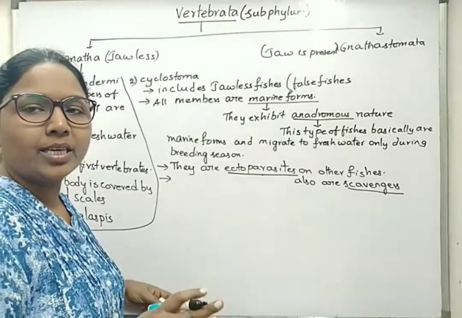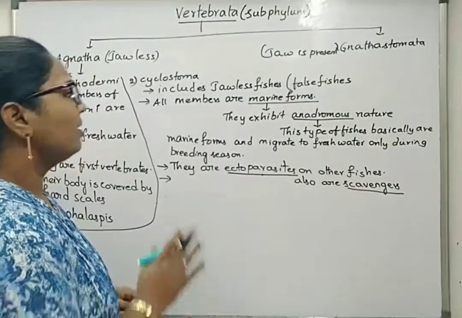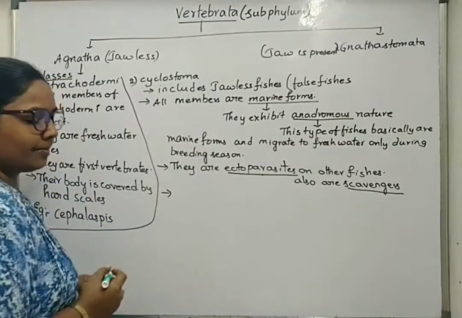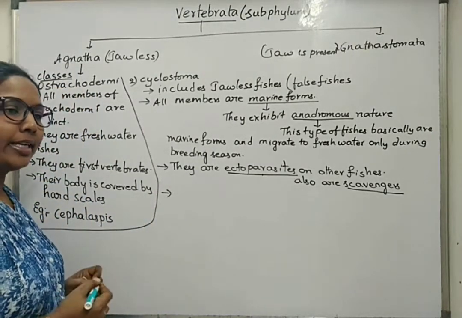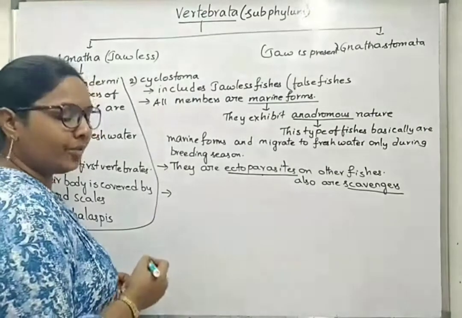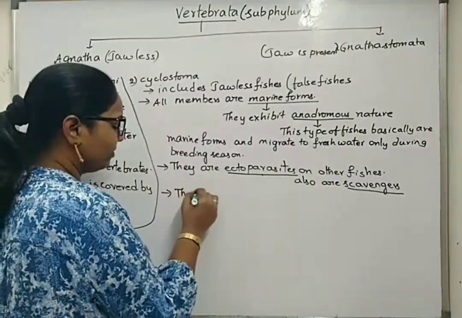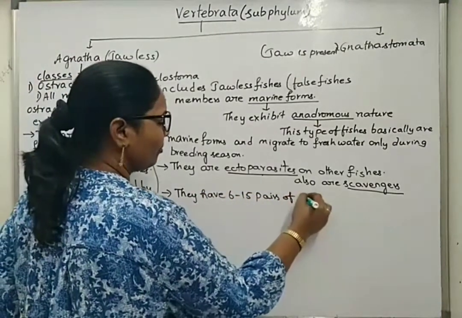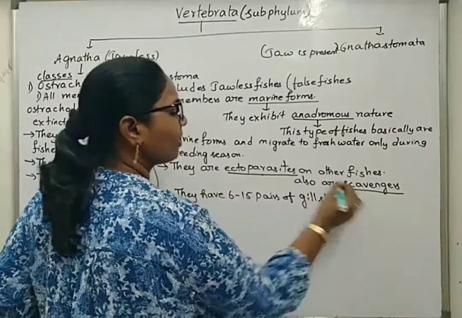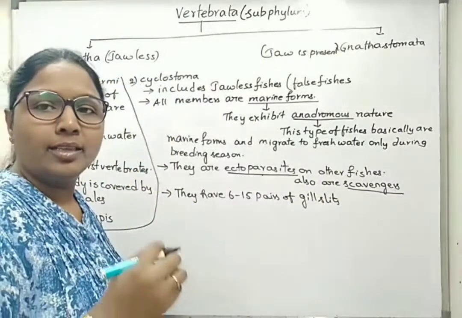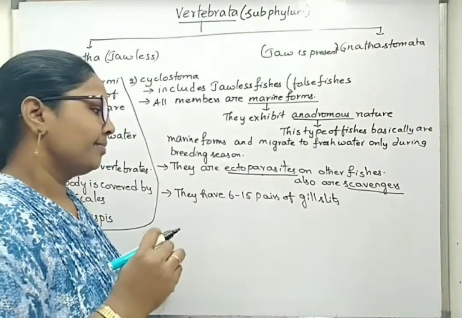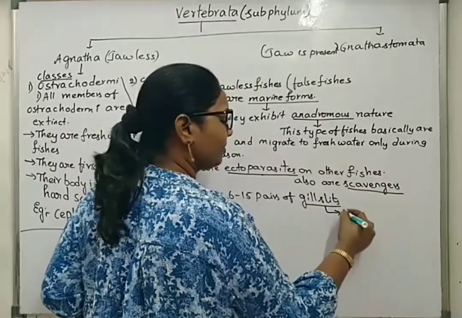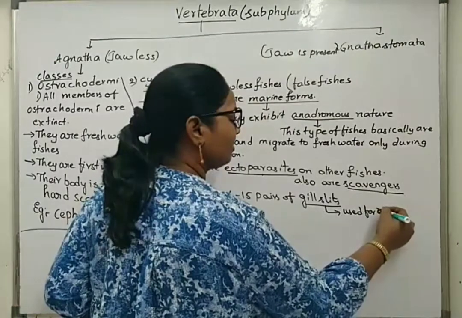Basically, we use this term for fungi, but here it is applicable to Cyclostomes also. These Cyclostomes have 6 to 15 pairs of gill slits. Gill slits are skin folds that are used for gaseous exchange and respiration.